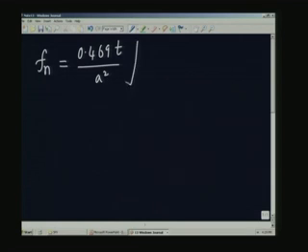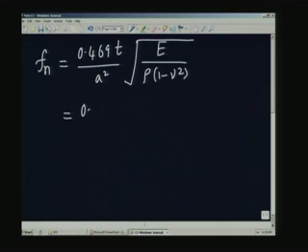So, the natural frequency, we have already given the formula. All I have to do is to use the appropriate expression. This will be 0.469 T by A squared, square root of E divided by the density multiplied by 1 minus nu squared.